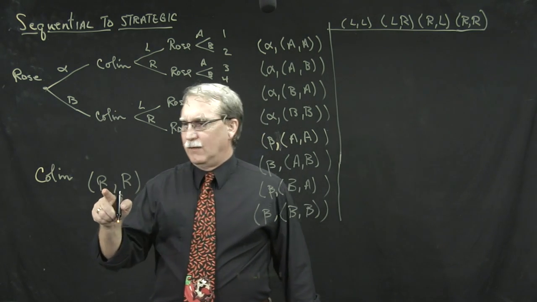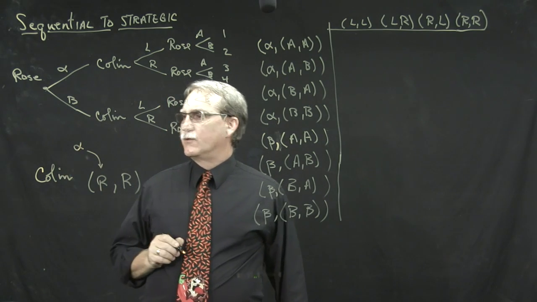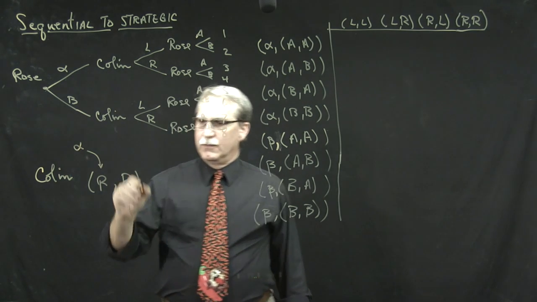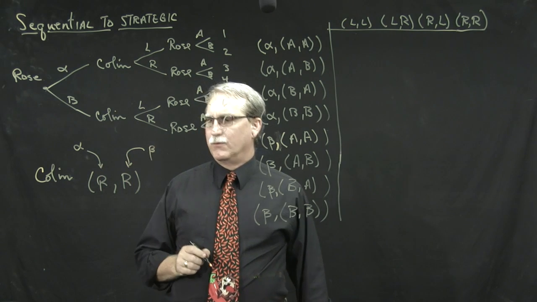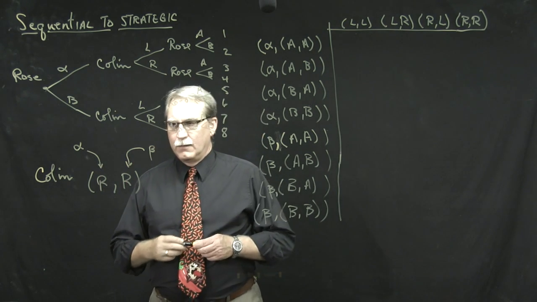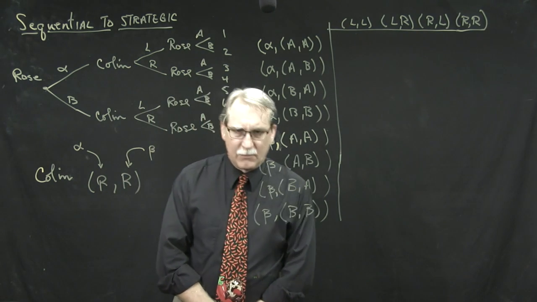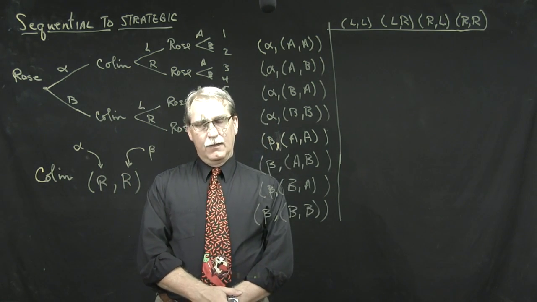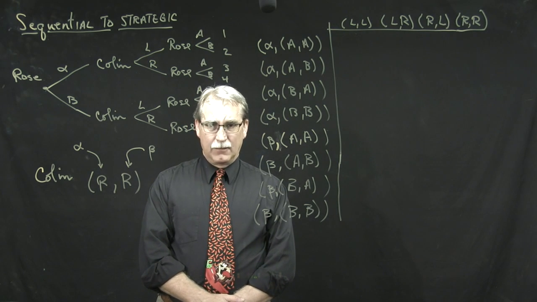The first element in this pair is his response to Rose choosing alpha. The second element in this pair is his response to Rose choosing beta. So the strategy, RR, basically is equivalent to Colin saying, I am going to choose right regardless of what Rose does.